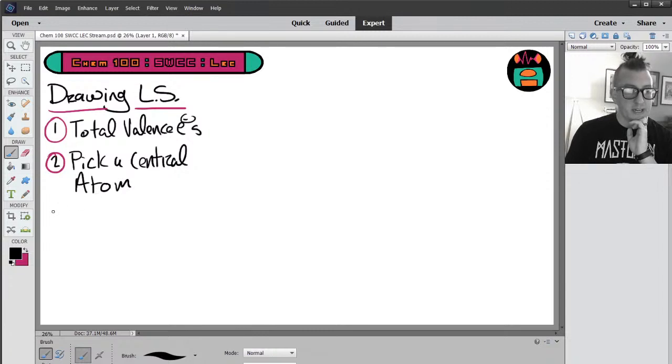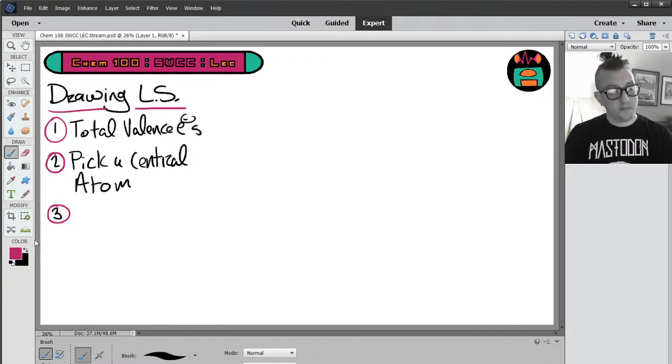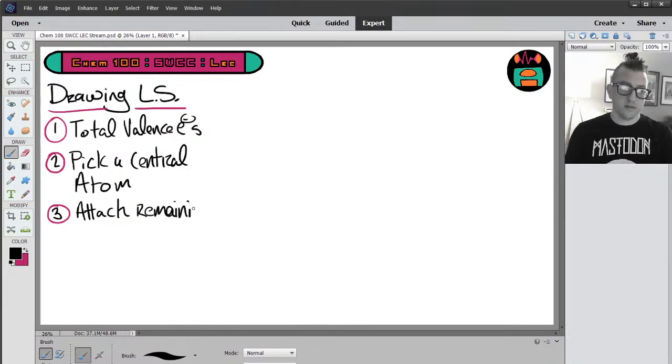Step number three, we attach the remaining atoms to the central.